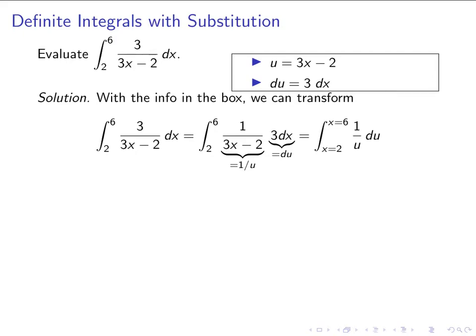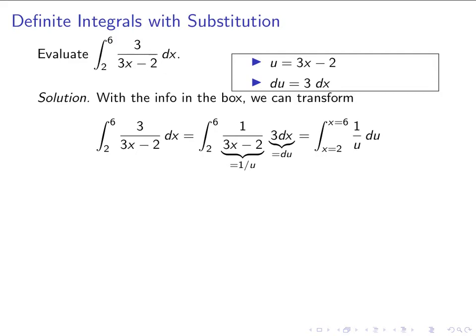Well, first I'm going to rewrite the fraction. You can see how I've taken this integrand and rewritten it so that it's 1 over the denominator times 3 dx. And again, the reason for doing that, like before, is that 3 dx is sitting right there. And so I can see that in terms of matching things up, that's what I'm going to want to do. So that first step is not really doing anything other than rewriting it so that I can see visually where all the pieces are going to come from when I substitute equals for equals.